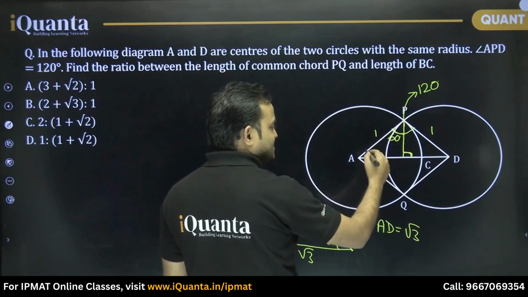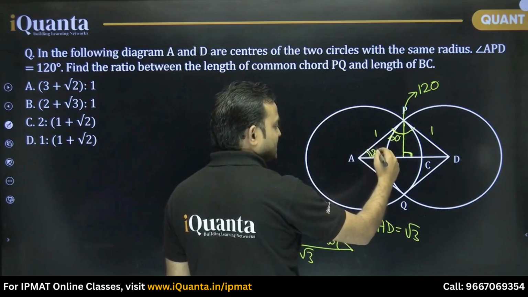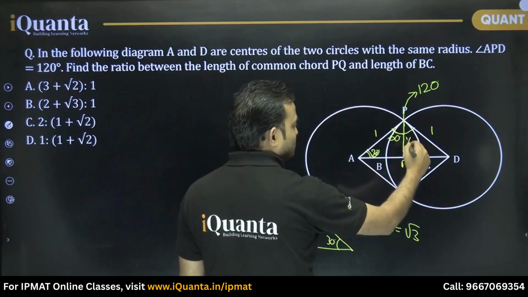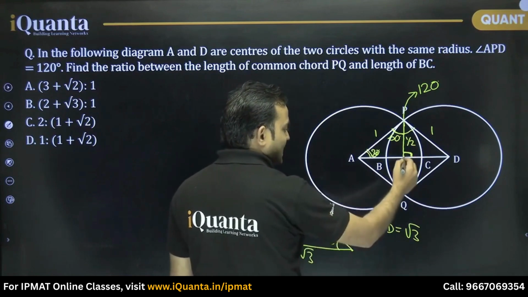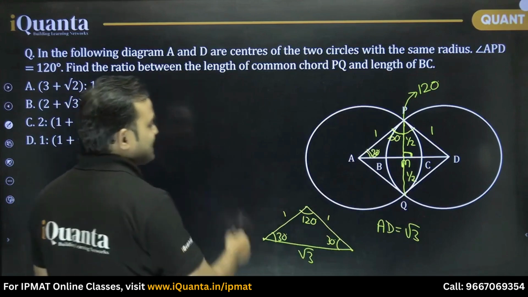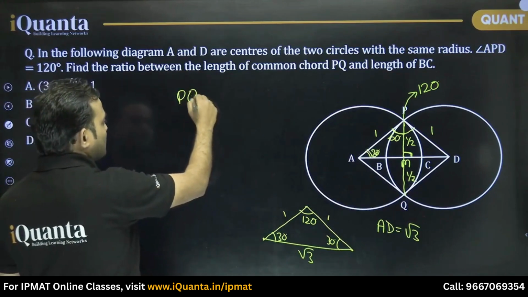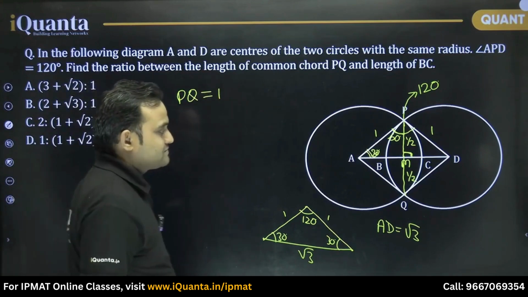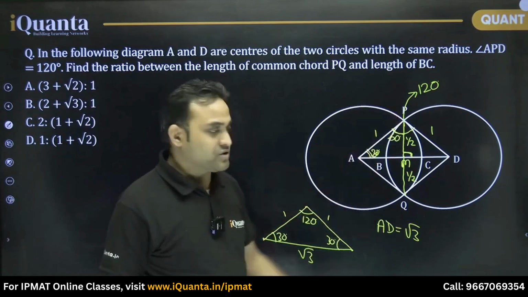So against 30 degrees, this length, let's say this is PM, PM will be 1 by 2. And similarly, MQ will also be 1 by 2. So we can say that PQ will be the same as the radius, which is 1 unit. PQ will be of 1 unit.